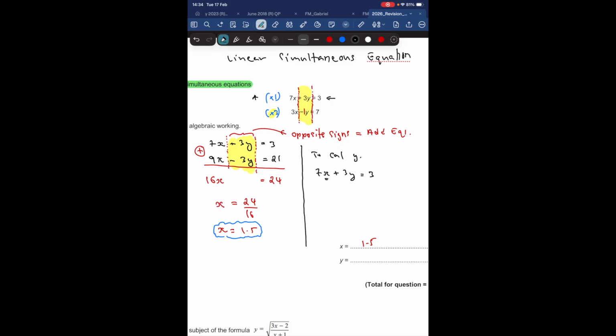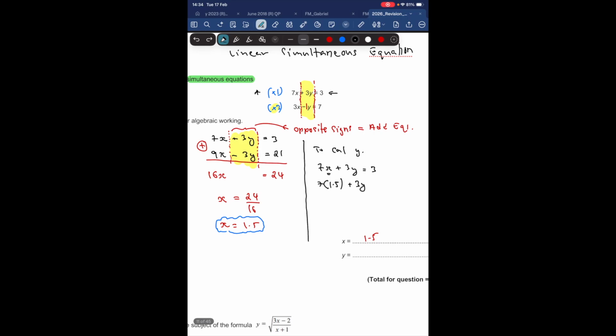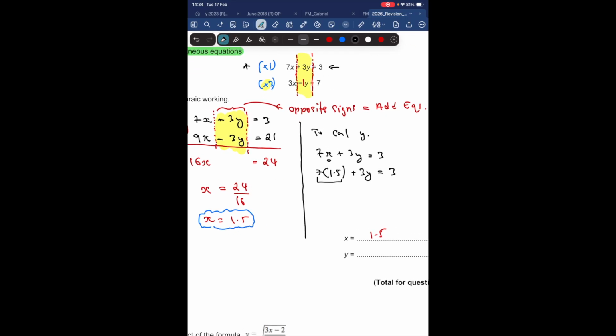Well, we know what x is. We know that x is equal to 1.5. So 7 times 1.5 plus 3y equals 3. Right, 7 times 1.5, if we work that out, that's going to give us 10.5 plus 3y equals 3.